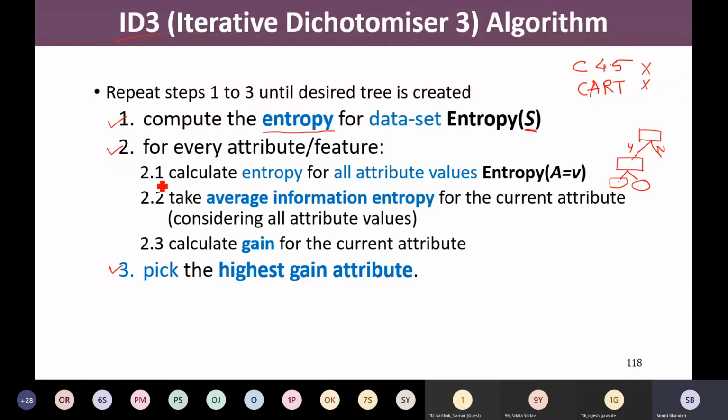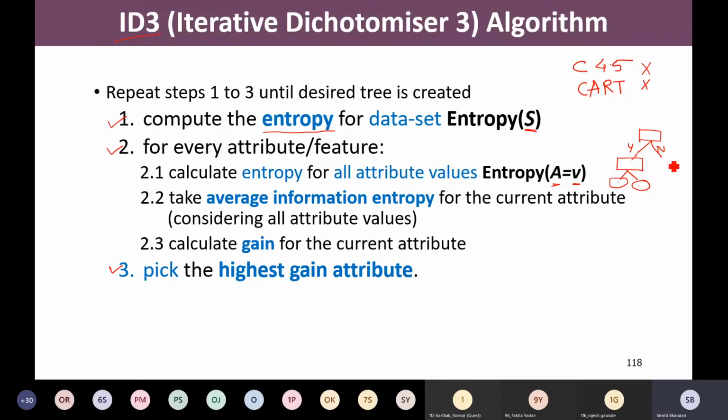For every attribute or every feature in our data set, we are going to apply these steps. We pick the first attribute, and we compute the entropy for all attribute values, denoted as entropy of A and V, where A is the attribute and V is the value of that attribute.